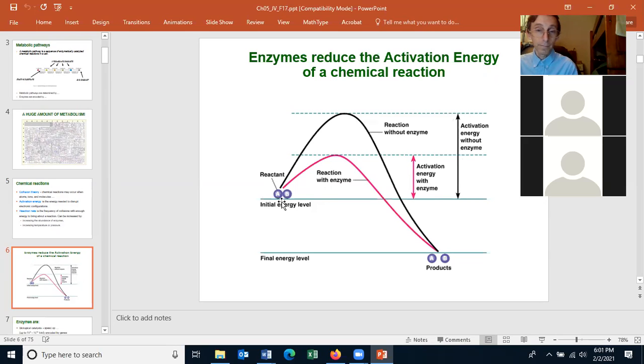For glucose, I could convert glucose into CO2 and water simply by taking a blowtorch to the glucose and then burning it, giving it enough energy to reach the activation energy to create carbon dioxide and water. Any questions about any of that?